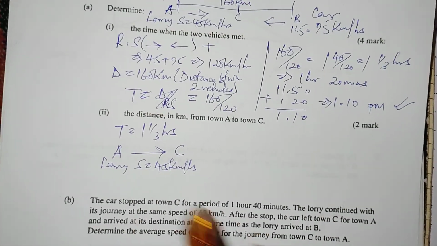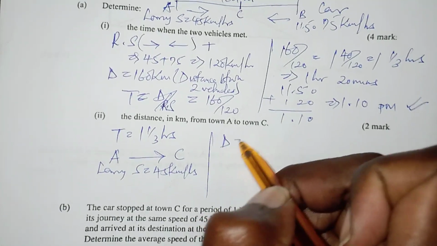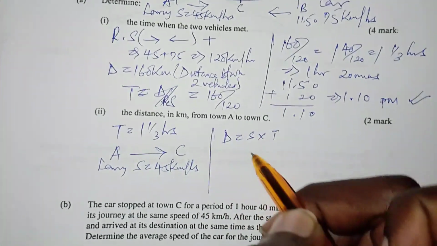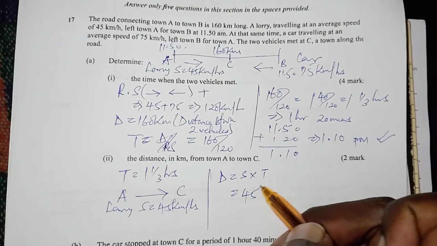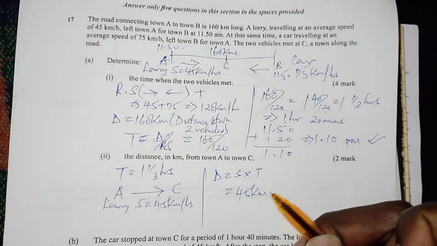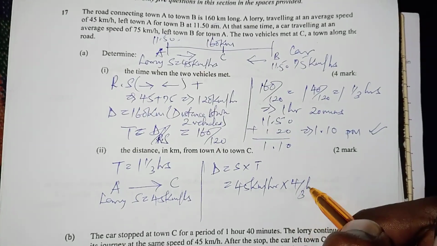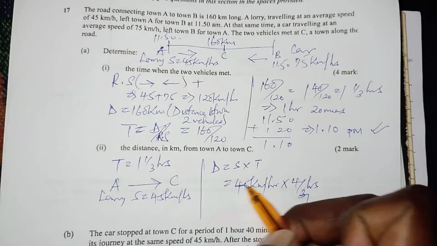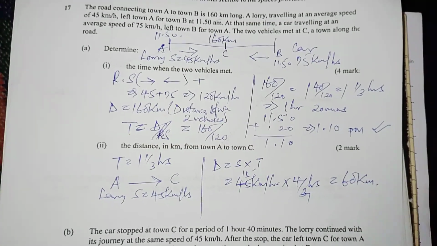So if you want distance, get speed multiplied by time. So we have 45 kilometers per hour multiplied by 4/3 hours. 3 here 1, 3 here 15. So we have 60 kilometers.